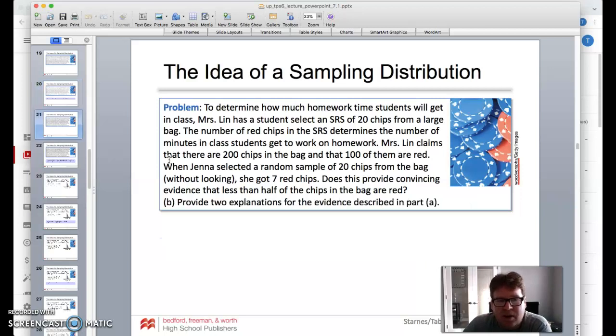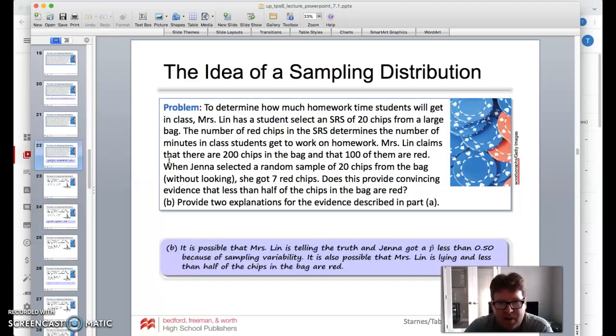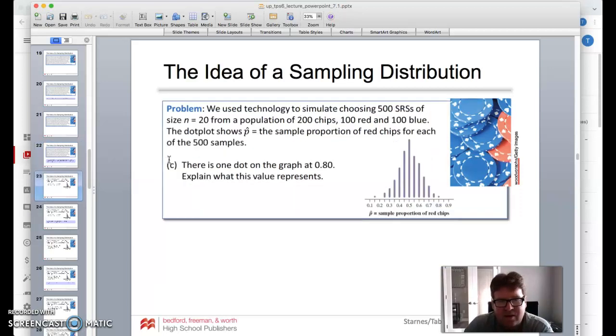So what are some explanations? Is it possible that Mrs. Lynn is telling the truth and that she just had a sample proportion that is less than 50% because of variability? It's also possible that Mrs. Lynn is not telling the truth and that there are less than half the chips. So how can we provide a little more evidence to suggest that?